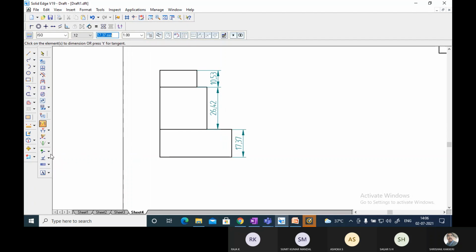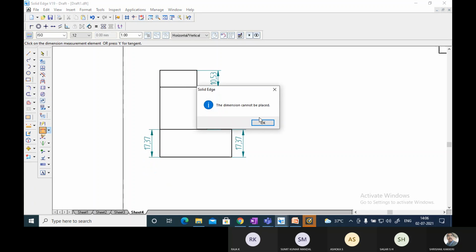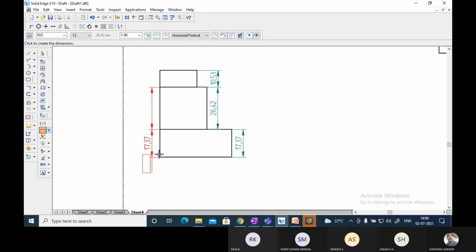I can do the dimensioning like this, or one can do the dimensioning like this also. One can do the dimensioning like this.